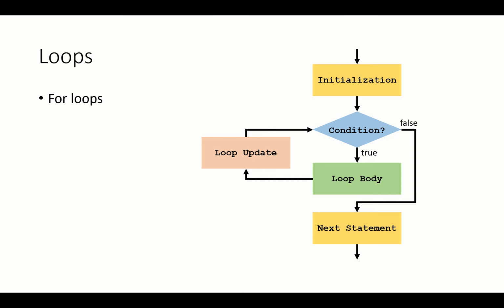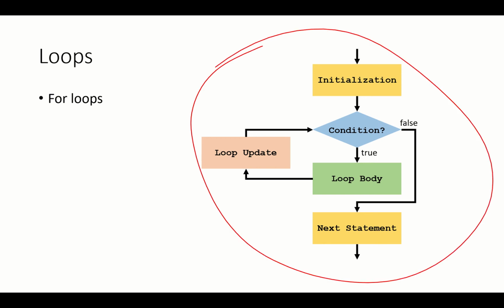So the first count, we need to set this to 0, right? And the condition will be whether this count is lower than 20, right? Because we want to make sure they cannot count over 20 times, right? So this is the flow we want to talk about, the for loop, okay?